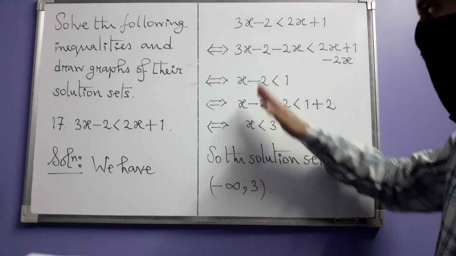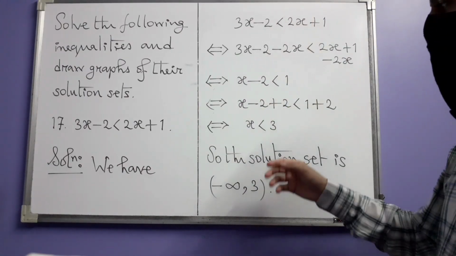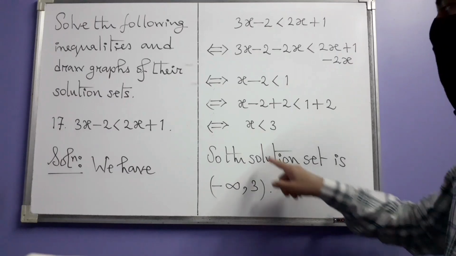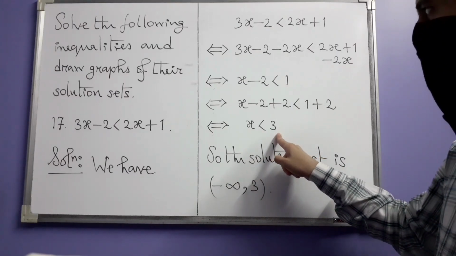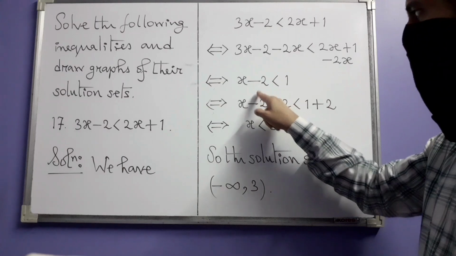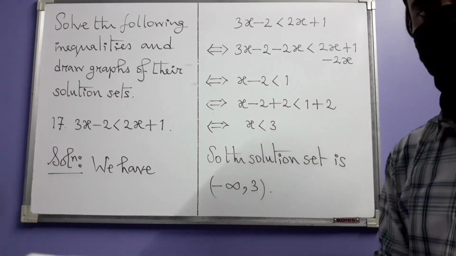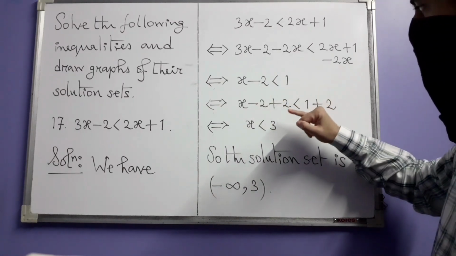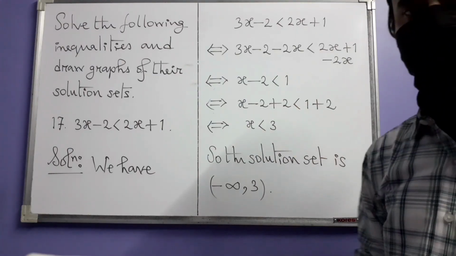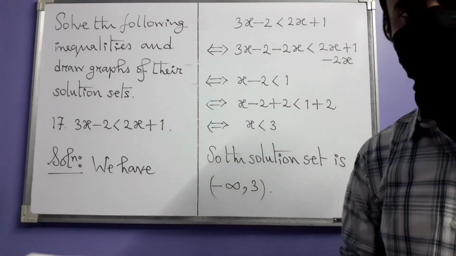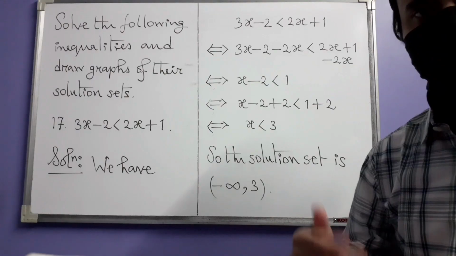You should really be able to go back. Just think of it for a moment. Say you start here, x is less than 3. In order to get to this, what is it that you should do? What did you do to get to this from this one? You added 2 to both sides. So now you add minus 2. You do the exact opposite.